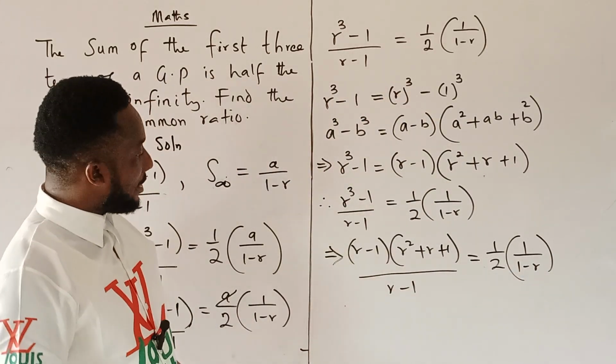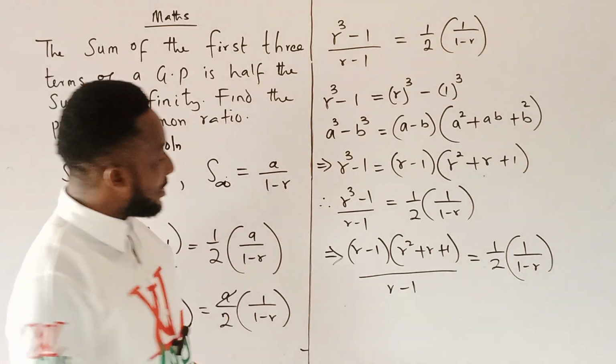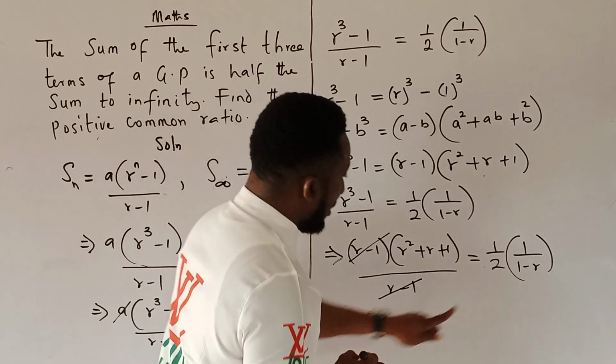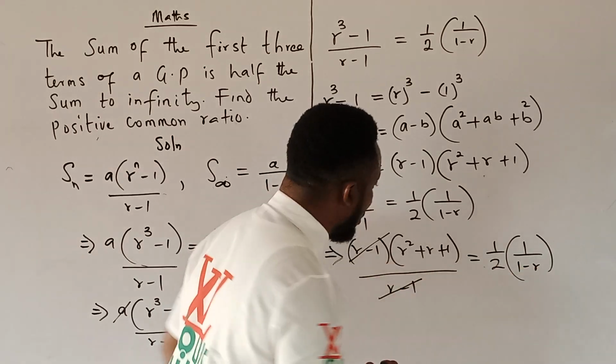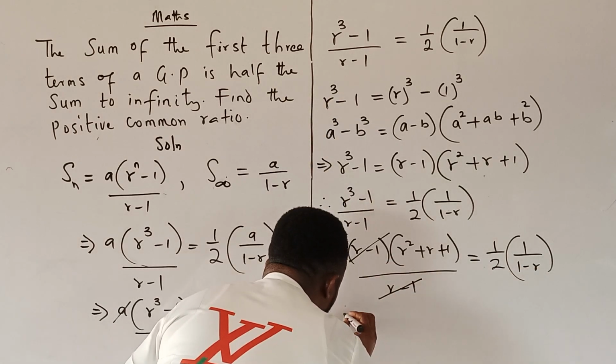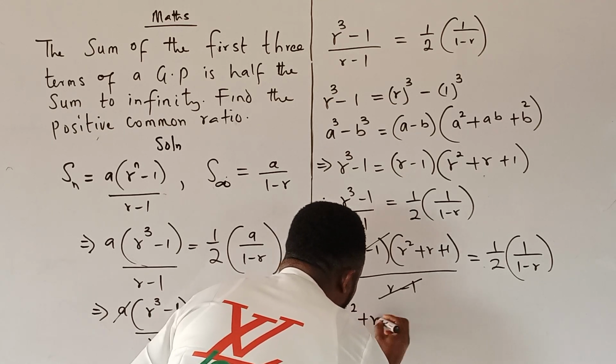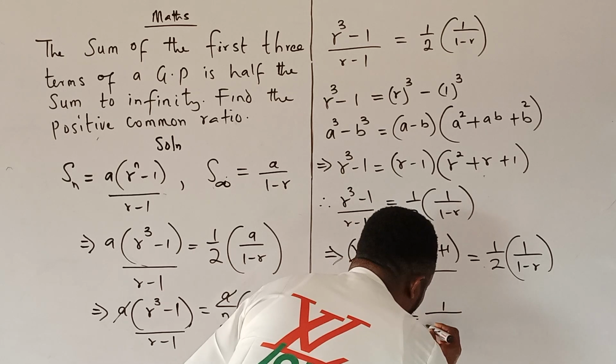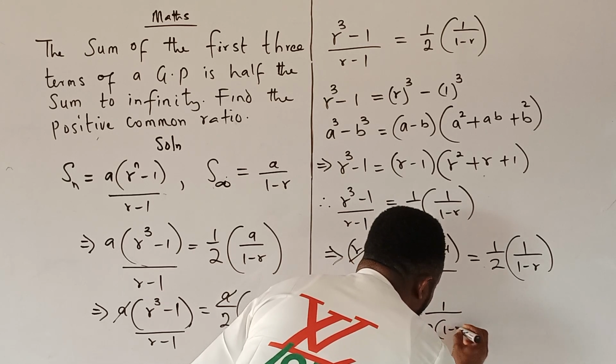So we factorized. The next thing is to see what we can eliminate. So r minus 1 will cancel r minus 1. Then I will use 2 to distribute the denominator there. So I can write r squared plus r plus 1 equal to 1 upon 2 into (1 minus r).